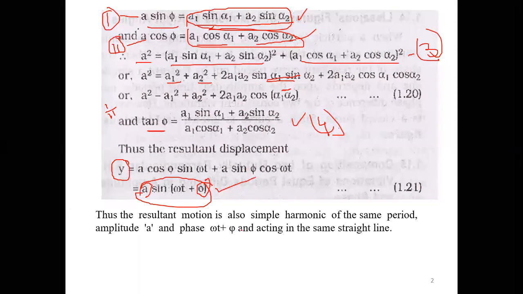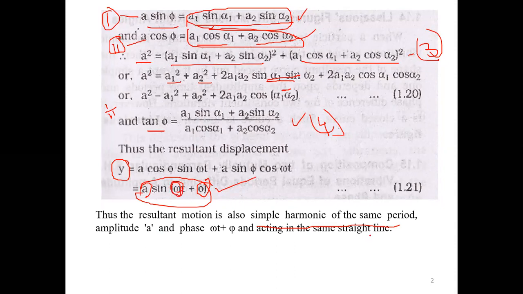Thus the resultant motion is also a simple harmonic motion of the same frequency. Omega remains the same, so frequency and period remain the same, but the amplitude is A and the phase is omega t plus phi, acting on the same straight line along the y-axis.